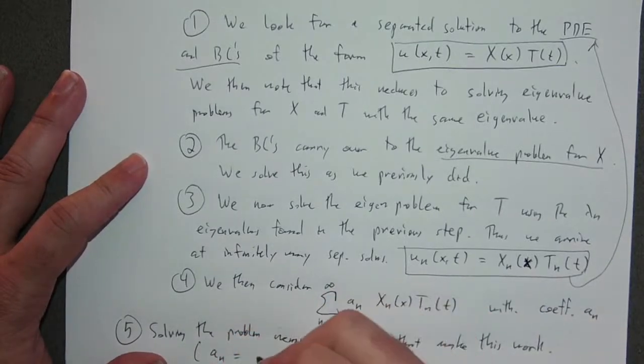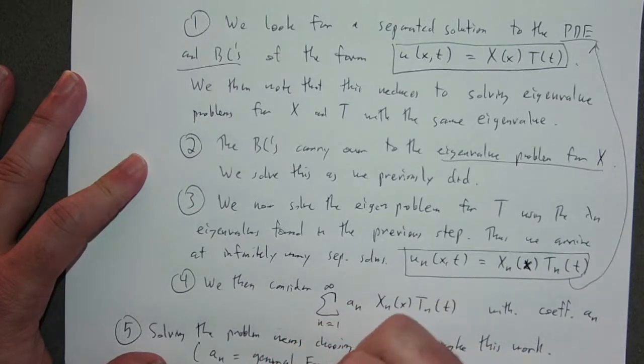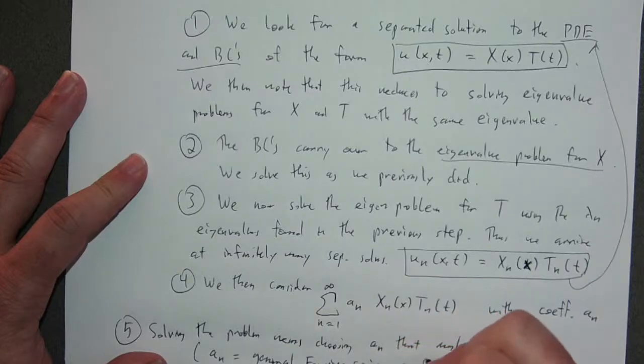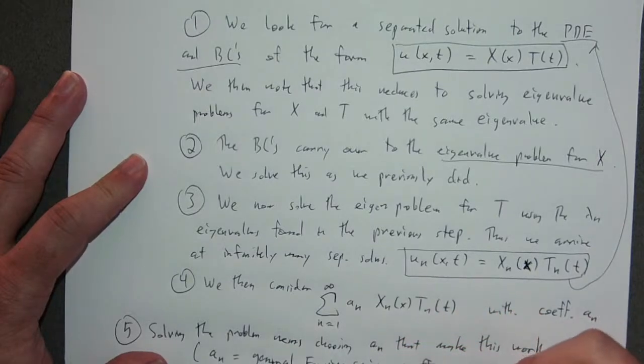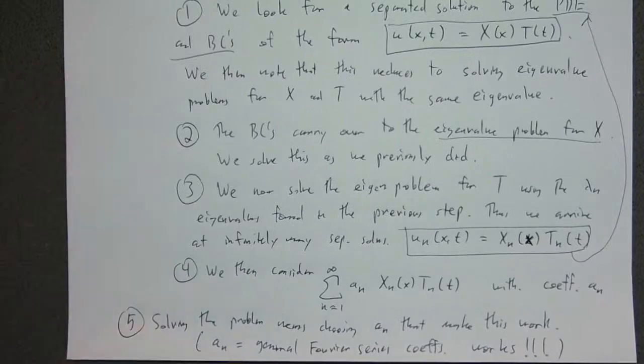The general Fourier coefficients work. So if we choose these coefficients to be the general Fourier series coefficients that we have been writing out, then this process works and we are done.